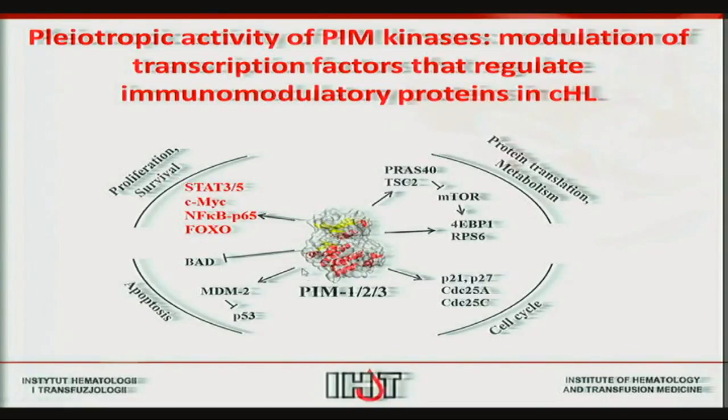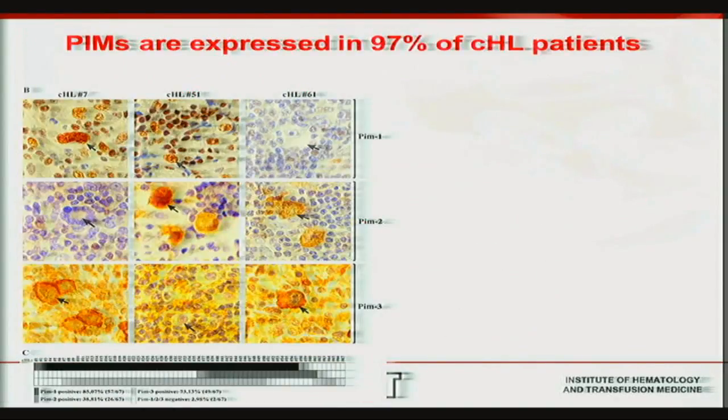And as kinases, they are good therapeutic targets. So we developed an inhibitor of these kinases in collaboration with Cellvita, a biotech company from Krakow, to study the function of PIM kinases.